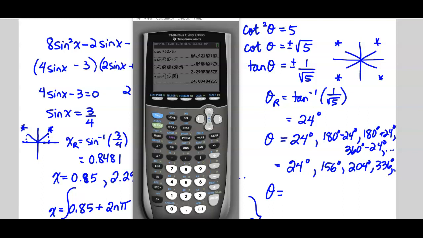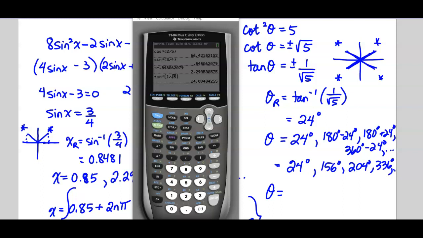Remember, period for tan is not 2 pi or 360, it's pi or 180. So these are directly across from each other. This plus 180 gets this one. This plus 180 gets this one. So I don't need 4 separate statements, I can do it in 2.